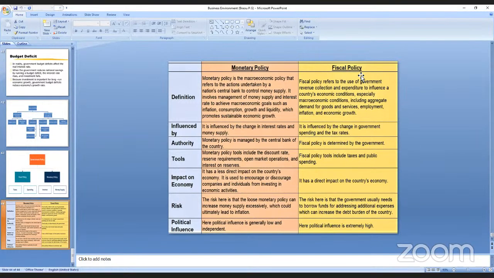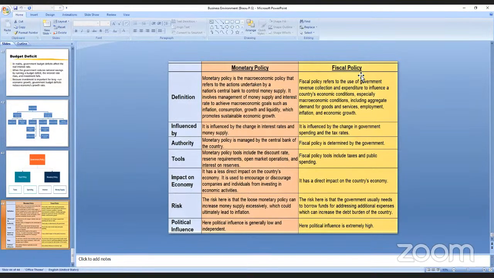In fiscal policy, the tools are taxes and public spending. Monetary policy has less direct impact, while fiscal policy has more direct impact on the country's economy.